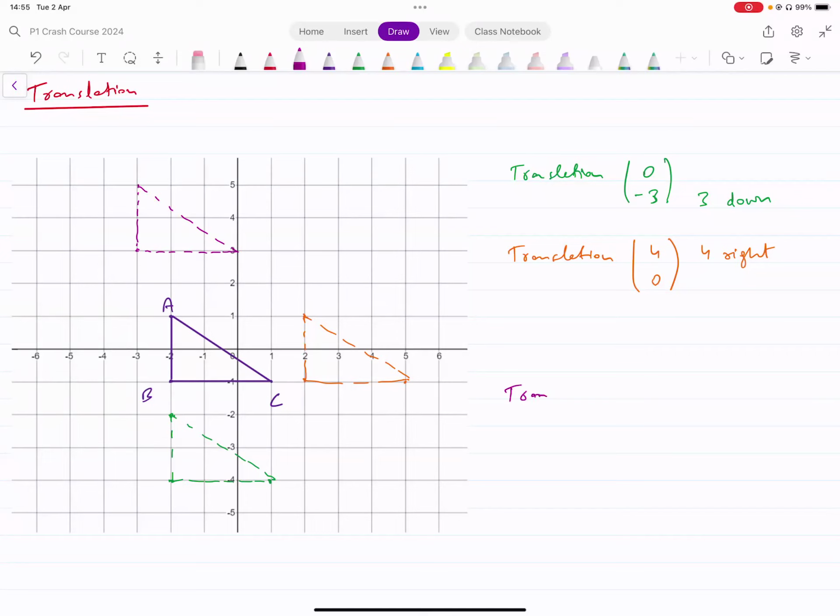Any idea? What would be the translation? Like 1 over 4? Well, first of all, we don't write it as a fraction. It's not 1 over, it's a vector. So there's one number here and minus. Minus 1. So horizontally, how much are we moving horizontally?